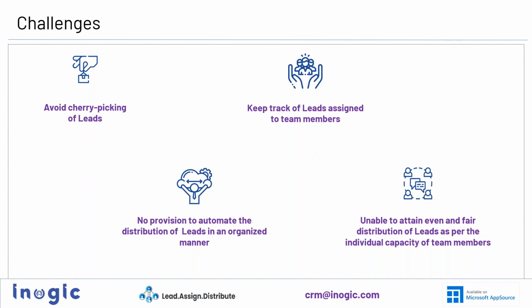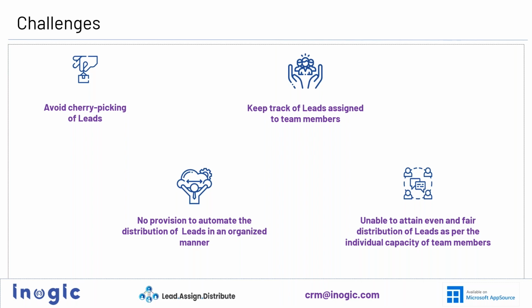We also don't have any provision to keep track of the leads or records assigned to the team members. Further, in native CRM, there is no provision to distribute leads in an organized manner. The distribution of the leads cannot take place fairly, which means the records cannot be assigned to the team members based on their available capacity.